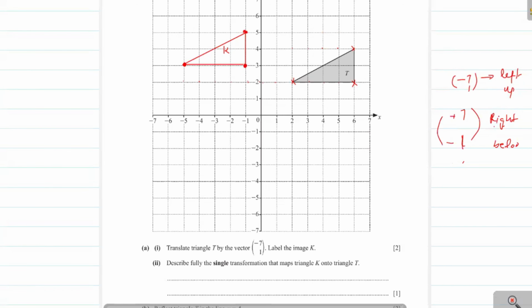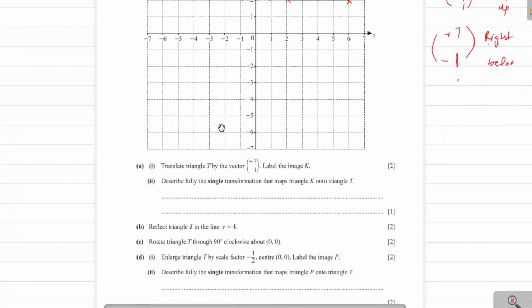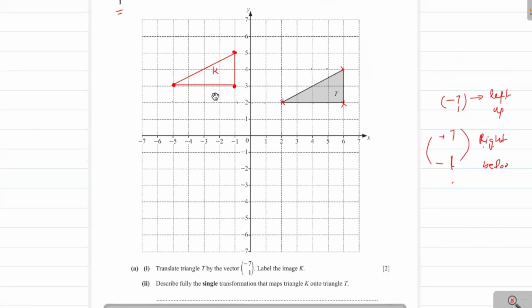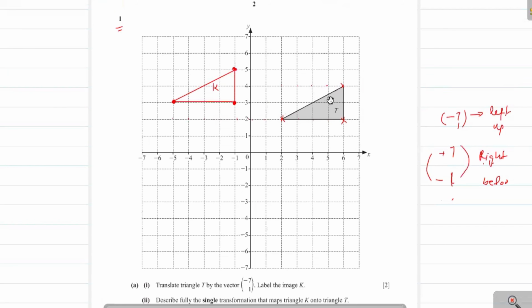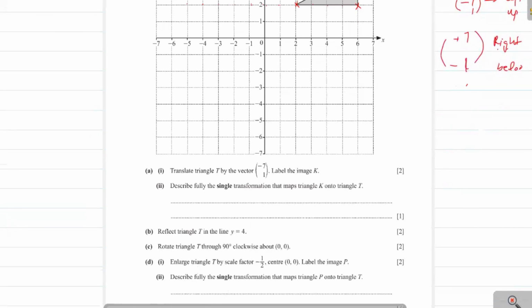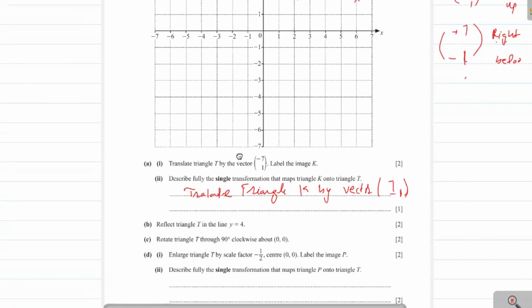So (7, -1) will be the translation vector. This triangle K shifts to triangle T by the translation vector. Now we write here: translation by the vector (7, -1), and this is the answer.